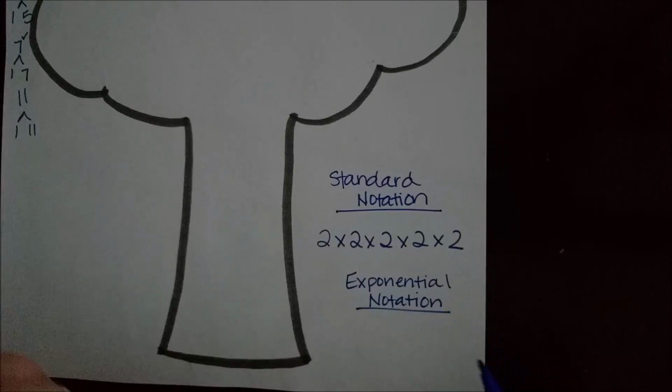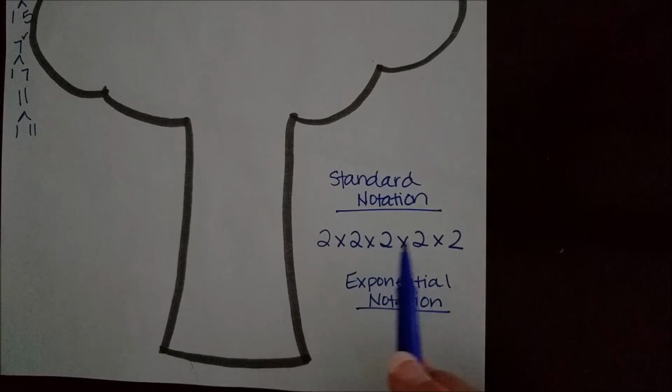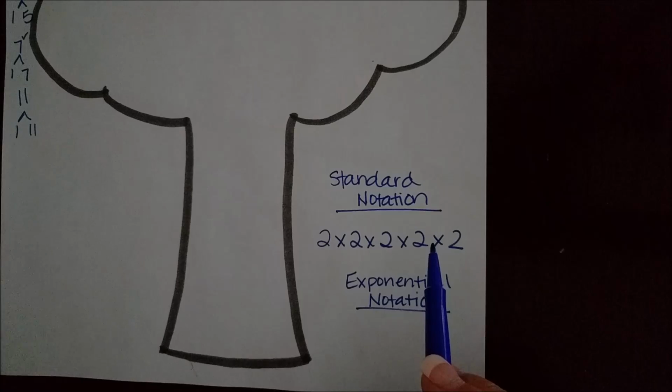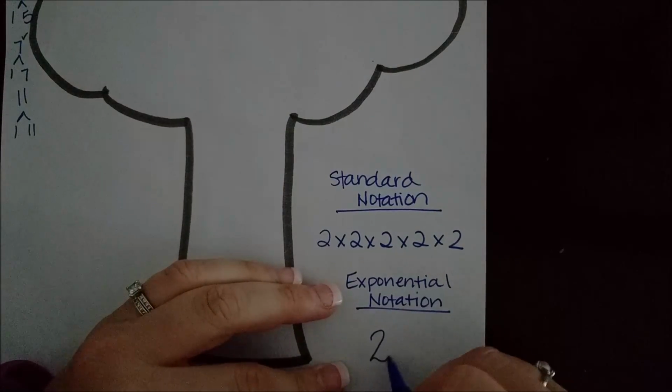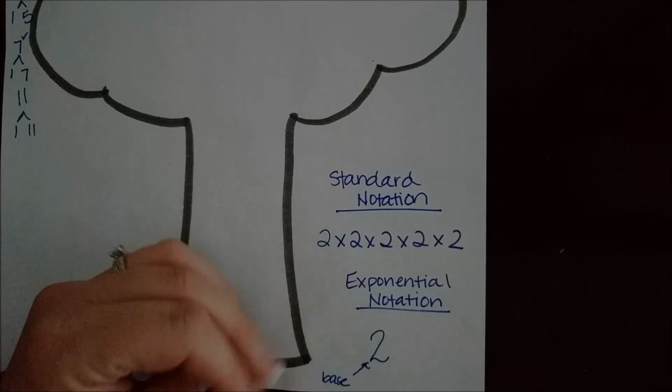My base is basically the number I'm multiplying each time. What number am I multiplying each time up here? 2. So 2 is my base.